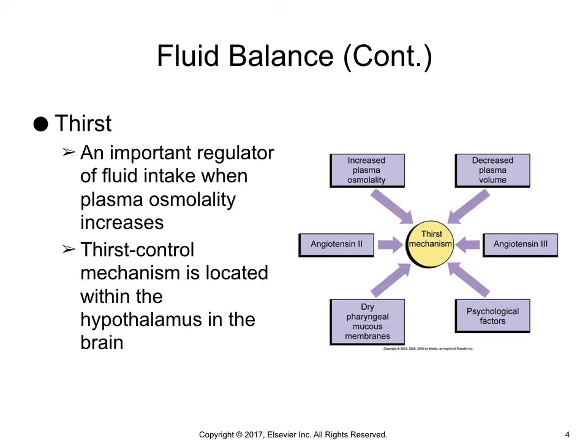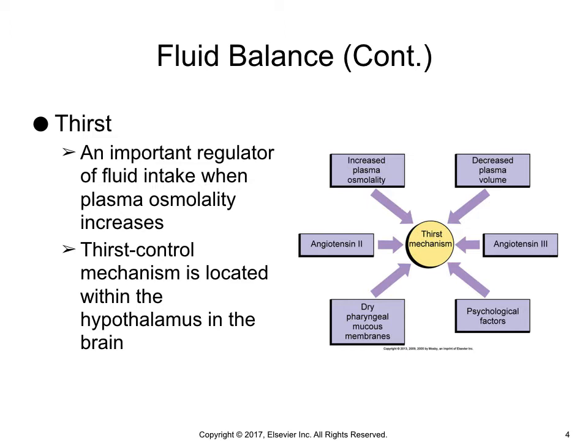Thirst, the conscious desire for water, is an important regulator of fluid intake when plasma osmolality increases, known as osmoreceptor-mediated thirst, or when the blood volume decreases, such as with baroreceptor-mediated thirst and angiotensin II and III-mediated thirst.